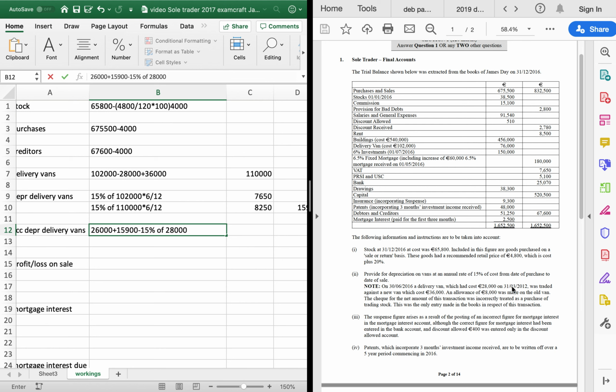So we had it for 9 months and 12 months in 13, 14, and 15, and we had it for 6 months in 16. So in total, we had it for 36, 45, 51 months. So it's 15% of 28,000 by 51/12. We're getting rid of that.